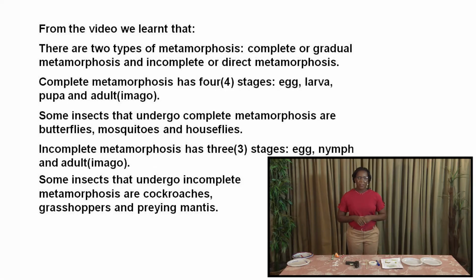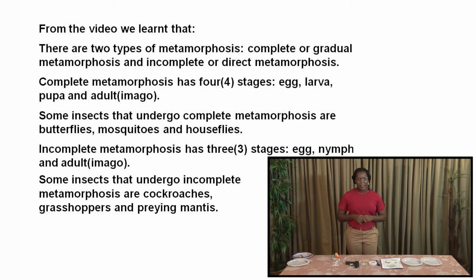Bzzz. From the video, we learned that there are two types of metamorphosis: complete or gradual metamorphosis and incomplete or direct metamorphosis. Complete metamorphosis has 4 stages: egg, larva, pupa, and adult or imago.